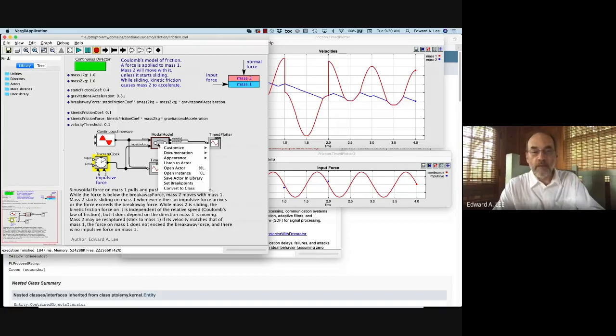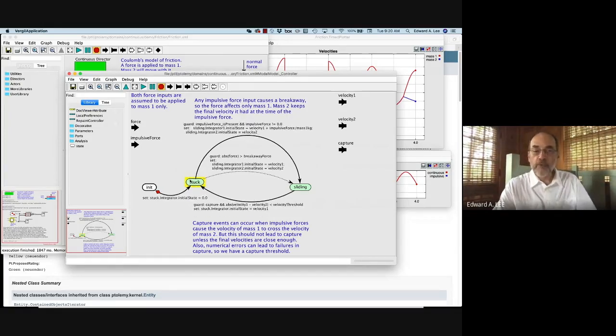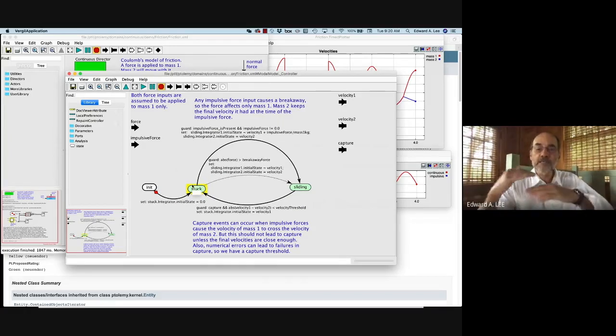This modal model is actually a finite state machine with two interesting states besides an initial state, and transitions between states. And these states are hierarchical. One of these represents the mode where the two masses are stuck together, so they're moving together. The second one represents the mode where they're sliding with respect to one another.